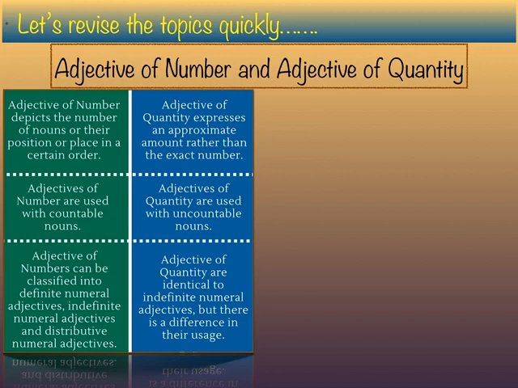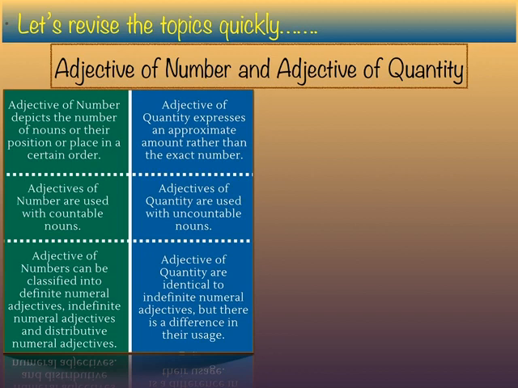So, adjective of number is used to show the position or place. For example, the cardinals and the ordinals. And they are used for countable nouns only. Some of the examples of adjective of number are few, some, many, one, five, three, every, each, etc.